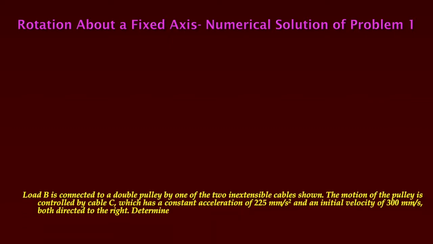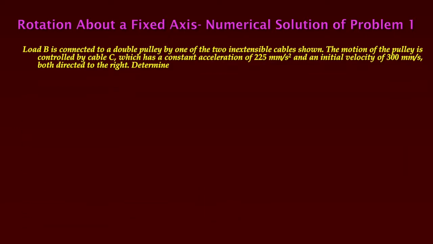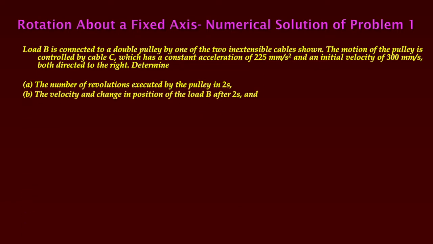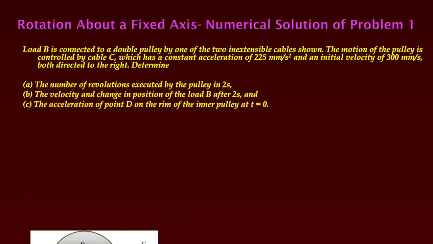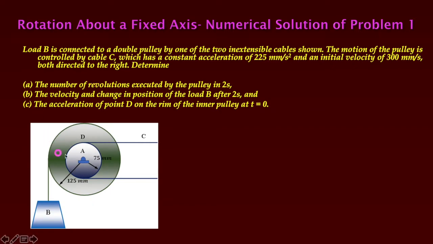Here we are starting our first problem on rotation about a fixed axis. Two concentric discs are there. This is a combined disc, and it is rotating about this fixed axis.